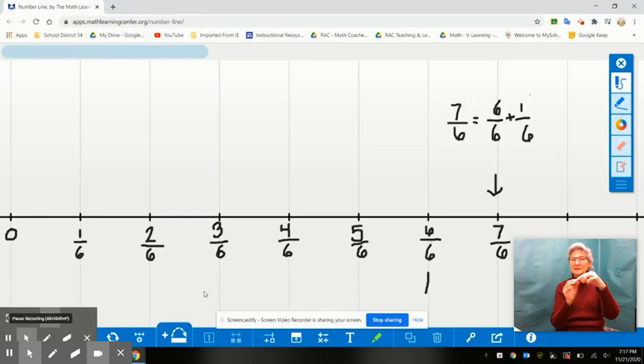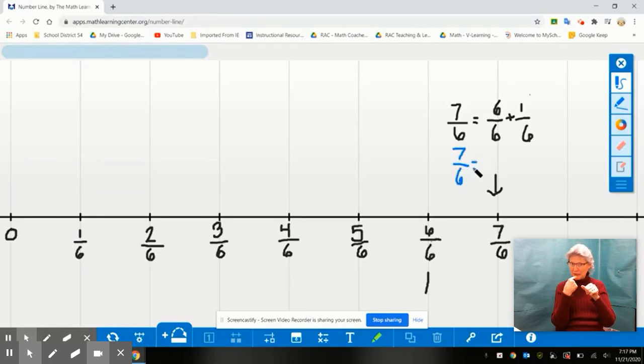But before, we had a discussion about how else we could rename 6/6. Do you remember what we said we could rename it as? 1, you got it. Let's do that. So 1 plus that 1/6 we still have.